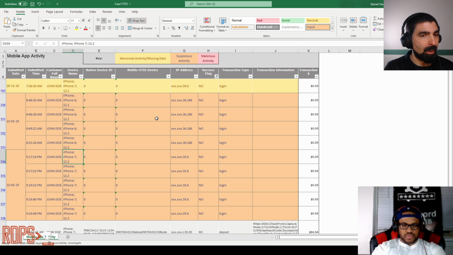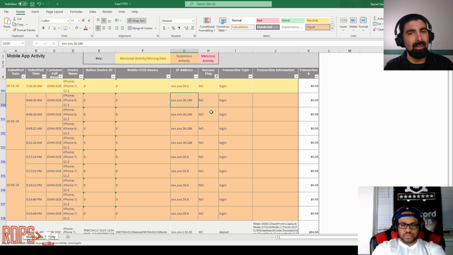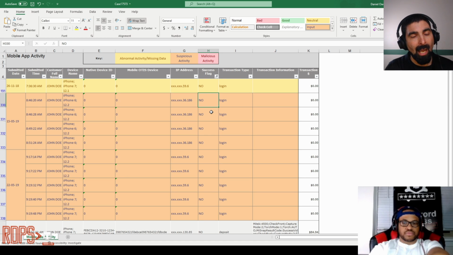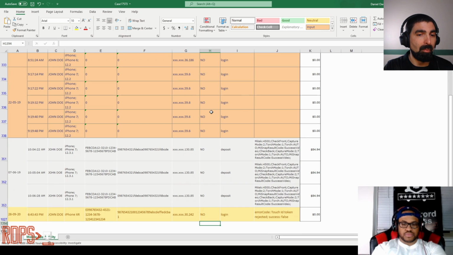It's perfectly possible that the user happens to be having some kind of problem on their end. We can see these two IP addresses match, whereas these ones don't. So you can quickly start to say, okay, maybe something's going on here. Maybe this is something I need to pay attention to. Maybe this is some evidence that there is something malicious going on, and I can and should delve significantly further. And maybe I'll be able to track down what all is going on.